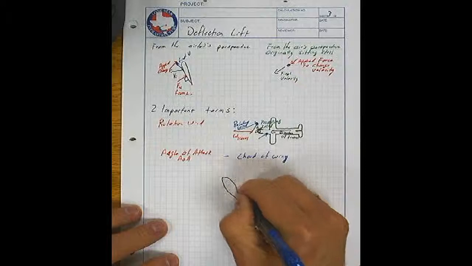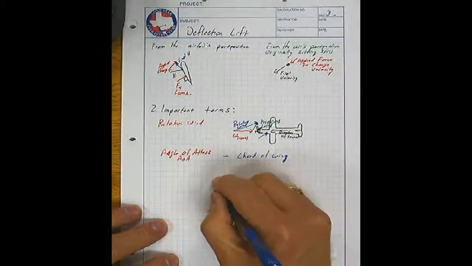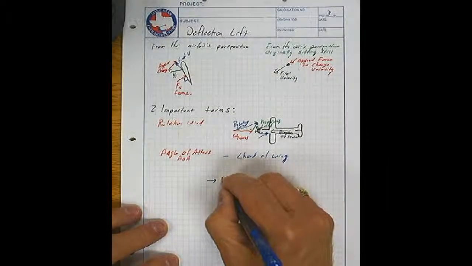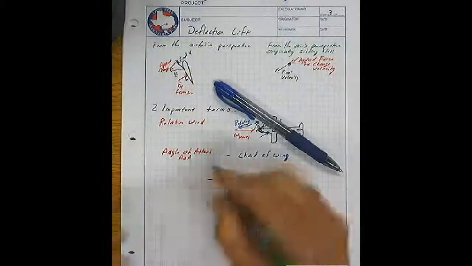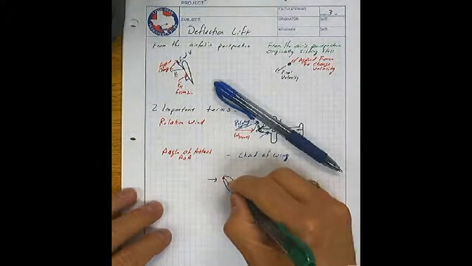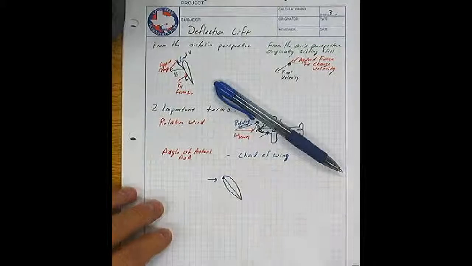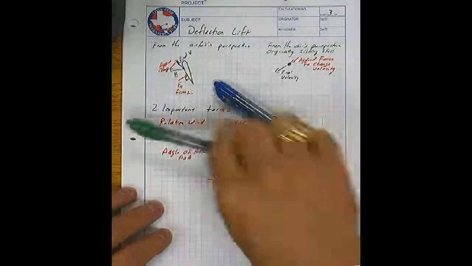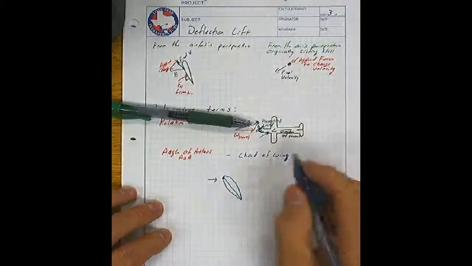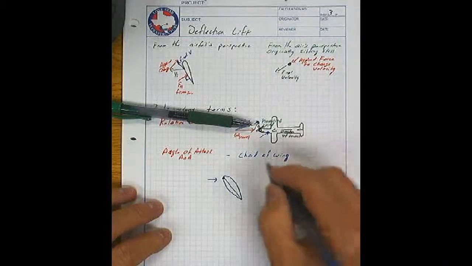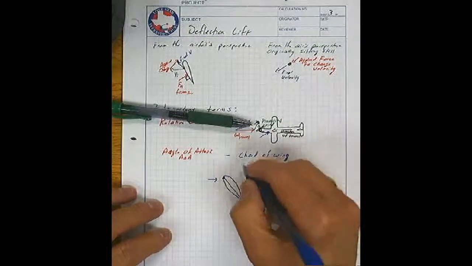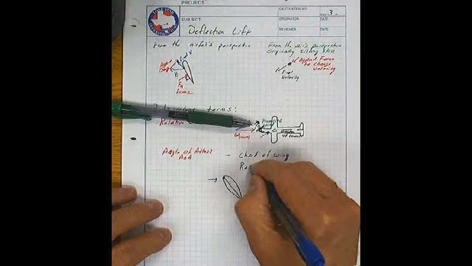Let me draw a wing here. If the relative wind is horizontal, then it would first hit, let's say, at this point in the tail of the wing. So it's not necessarily the full width of the wing. It depends on the angle between the chord and the relative wind.